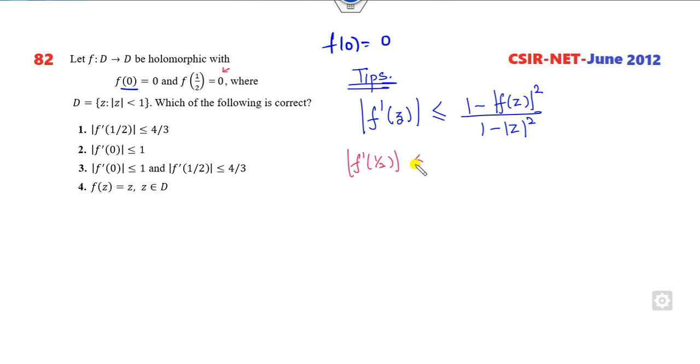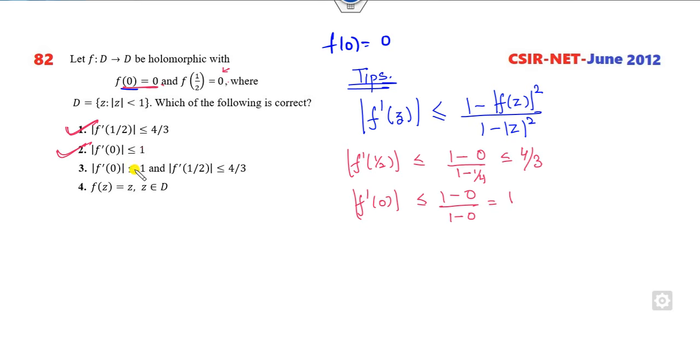What is that? It is less than or equal to, what is the f of half? 0. 1 minus 1 by 4. So it is 3 by 4, 4 by 3. Fine. So first property satisfied. F dash 0. So f of 0 is given? Yes. So you can find also what is the f of 0? F of 0 is my 0. 1 minus 0. So it is my 1. So less than equal to 1 satisfied.